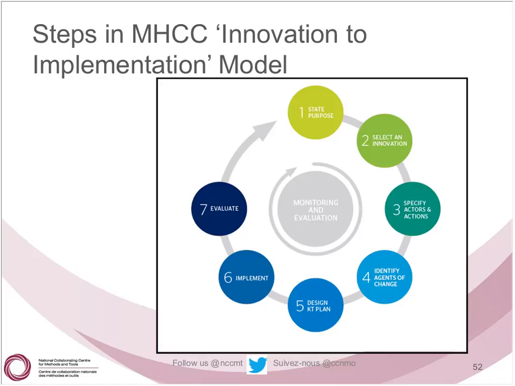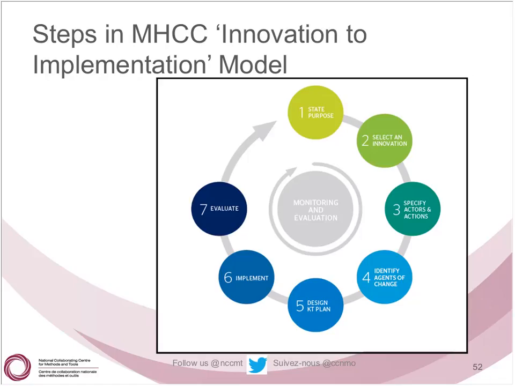So just to quickly go around this model, then we would state the purpose of our intervention, so something related to supportive housing, related to improving health outcomes for homeless people experiencing mental illness. Our intervention would be something related to housing. At step 3, we need to think about who needs to be involved, who do we need to talk to, what steps would we have to take, so kind of breaking down the implementation to specific pieces.